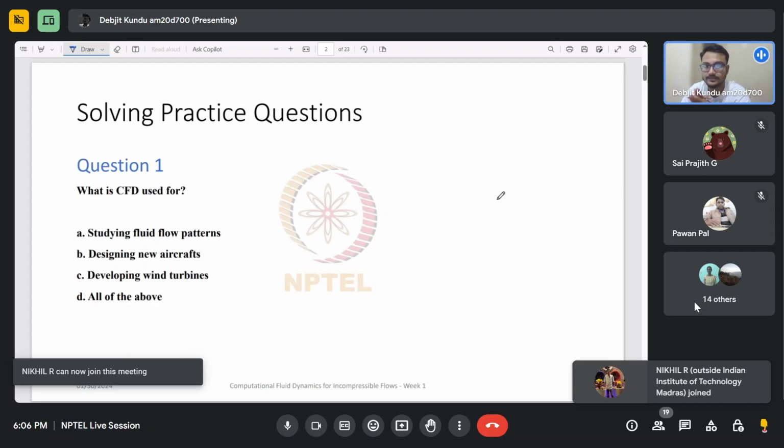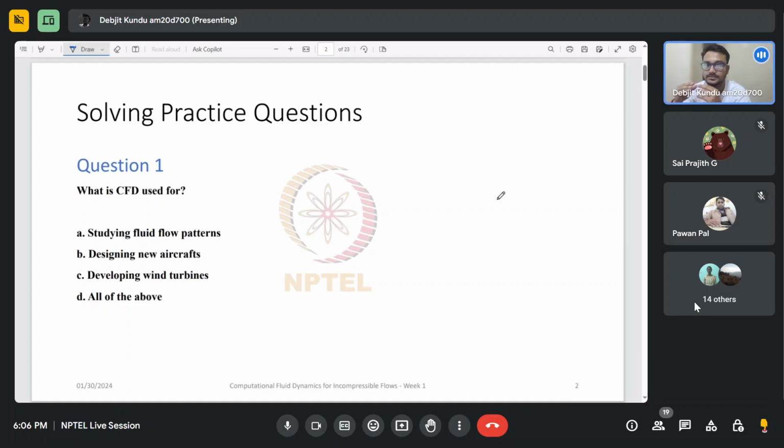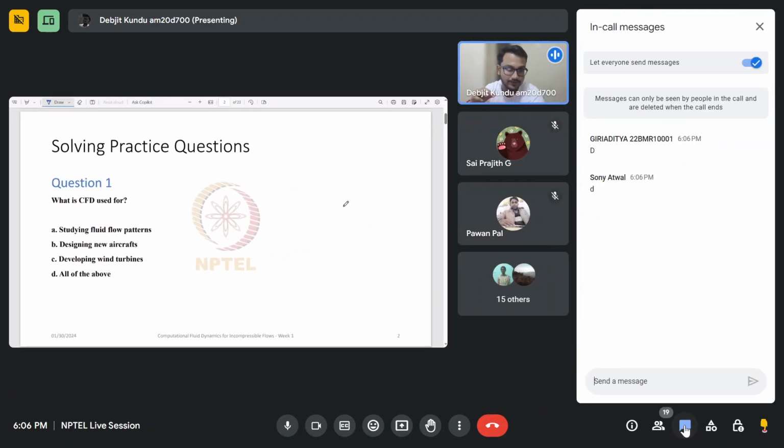Option A is saying that it is used for studying fluid flow patterns. Option B is saying it's used for designing new aircrafts. Option C is saying that it could be used for developing wind turbines. Or is it option D, all of the above? I can see people have very quickly started to reply in the chat box.